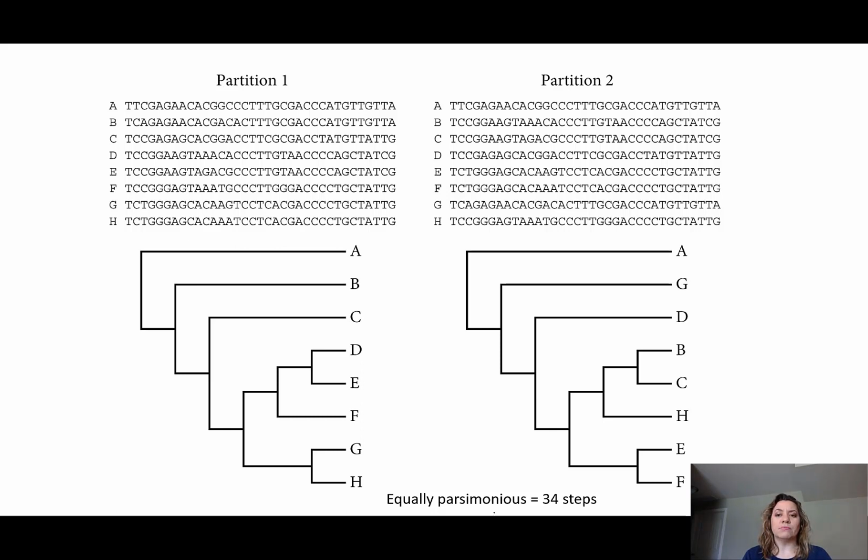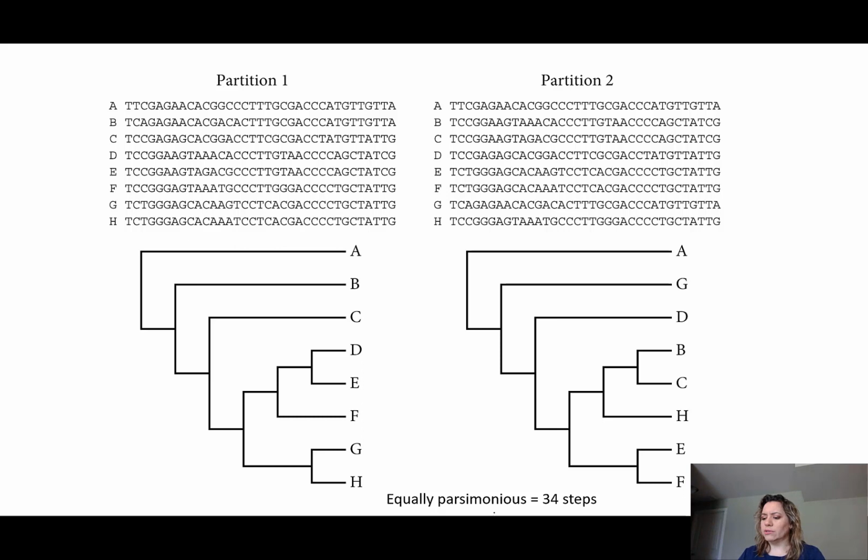They're equally parsimonious and they have 34 steps each, right? That suggests that they each have 34 individual evolutionary changes on those trees. So the two partitions are equally parsimonious, but if you look closely at the relationships, they are quite different.